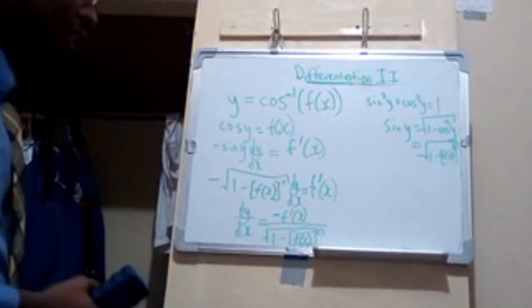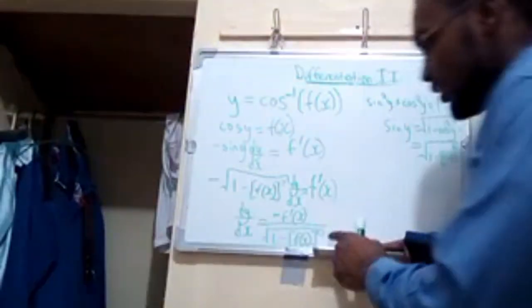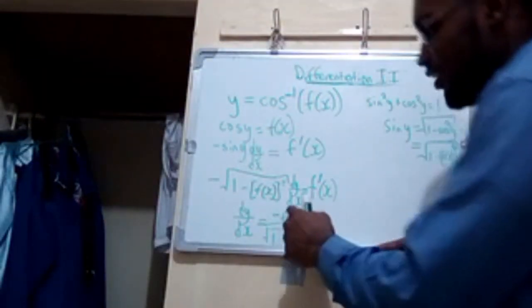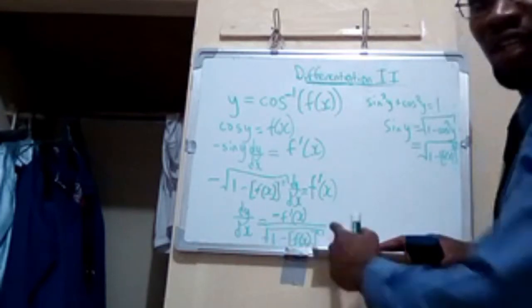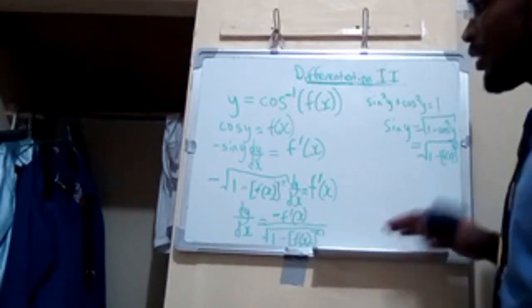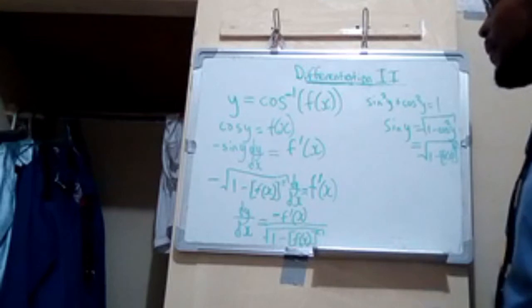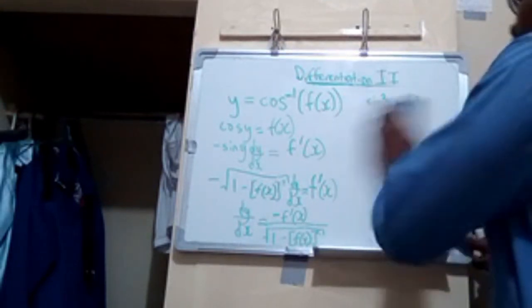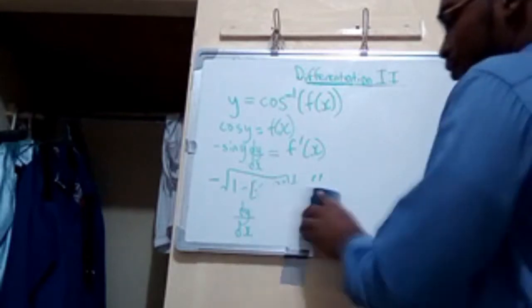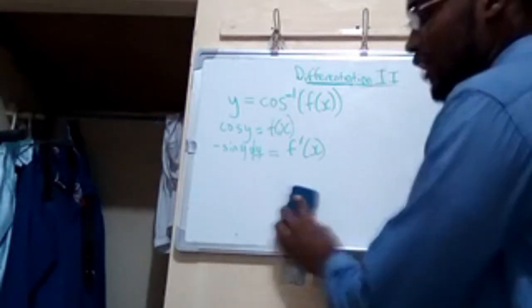That's dy by dx: minus f prime of x over the square root of 1 minus f of x all squared. Alright, so let's look at an example. You have to write it down and study these rules.